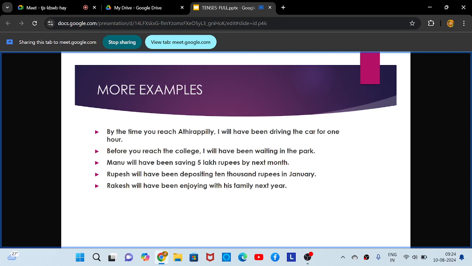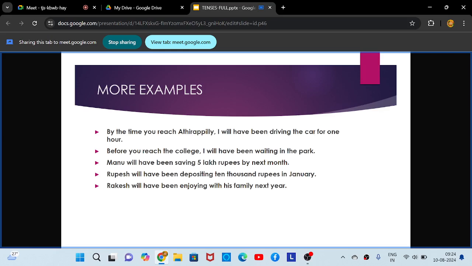If you reach Adirapalli and check the watch, then you can identify, oh, it's been 1 hour since I have been driving. But what about after that? Will I drive or not? I don't know. I may drive or may not. Similarly, before you reach the college, I will have been waiting in the park.